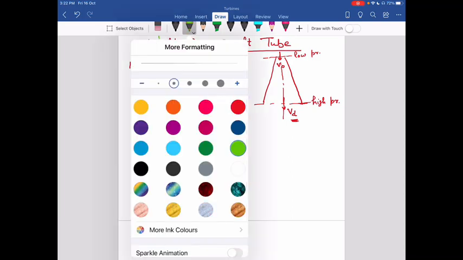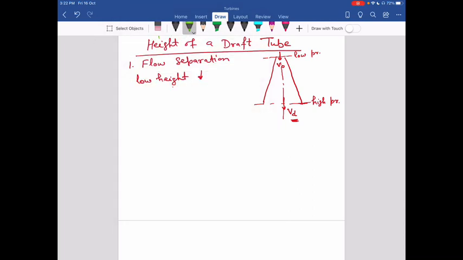We have to increase this angle. Okay, so initially from this angle to this angle, we have to increase if we want to decrease the height or length of the draft tube to maintain this Vd constant.